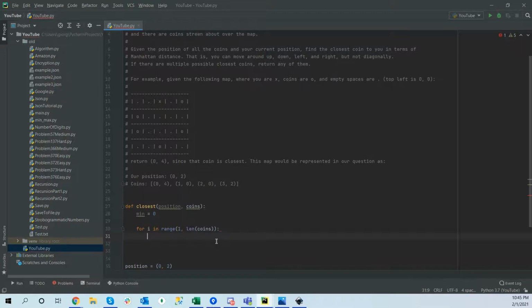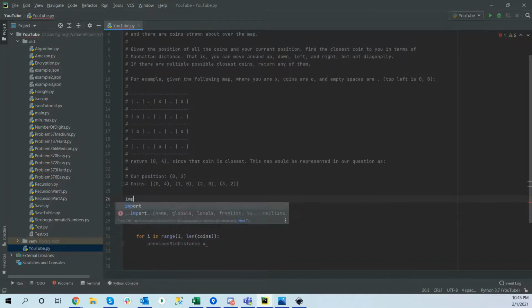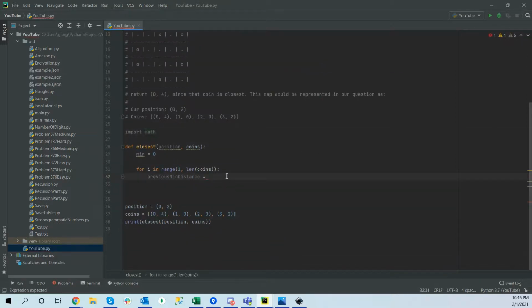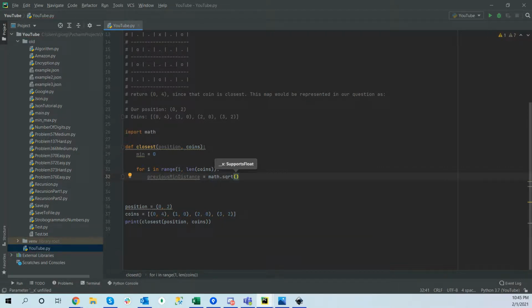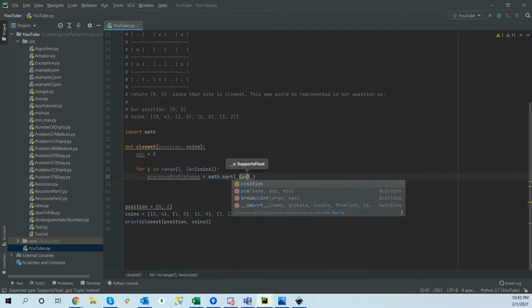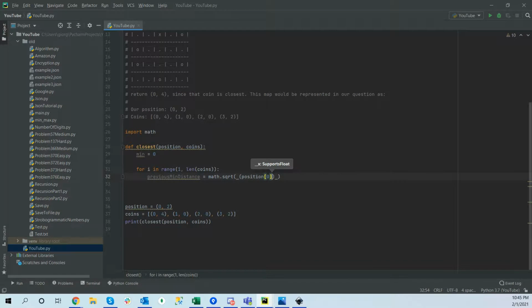Which one is the previous distance? Previous min distance equals to, so what we have to do is import math, right? So here we use math square root. And what would that be? It would be position. So where we are right now, that would be 0, right?